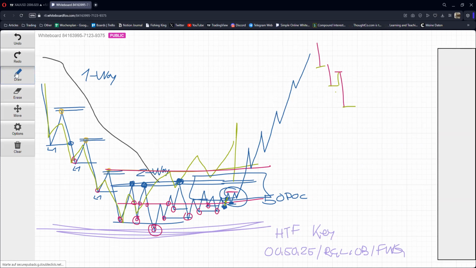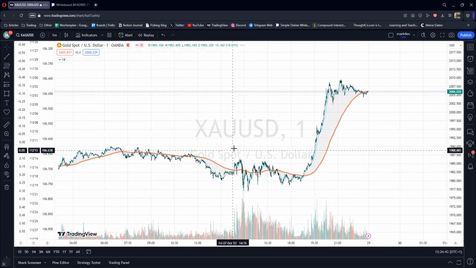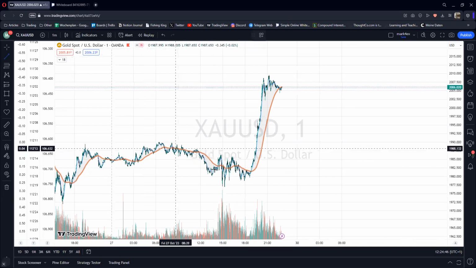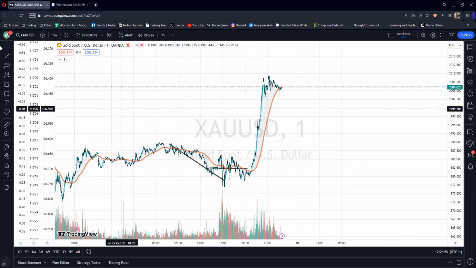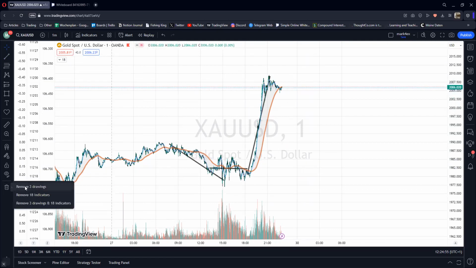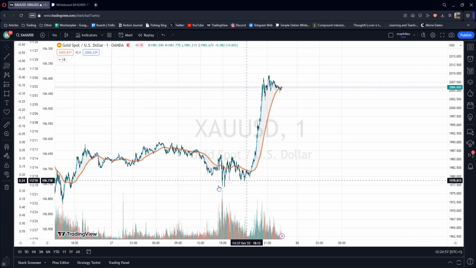Important is to realize that there is one way and two way, and again, one way. And this is all the market does. The market goes from, in this case, one way to sideways to two way, back into one way in different manners, right? It's not always like textbook, but this is gold, right?